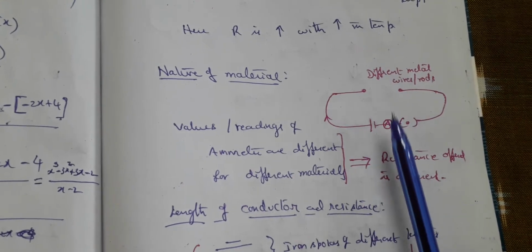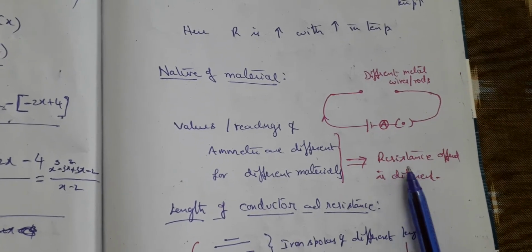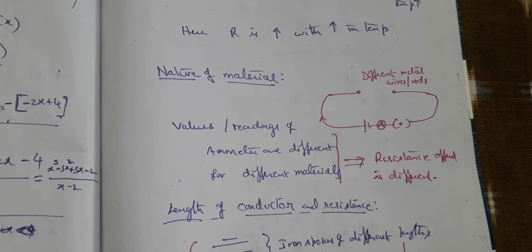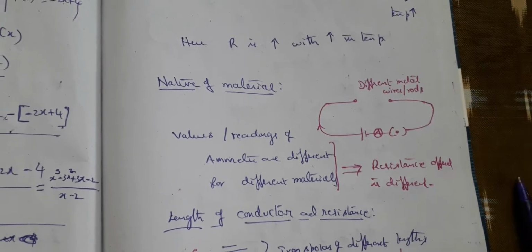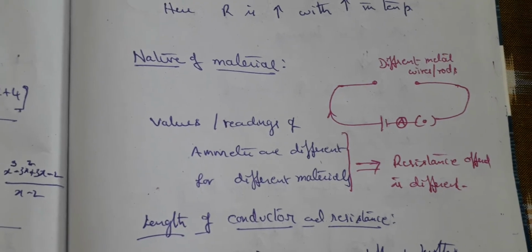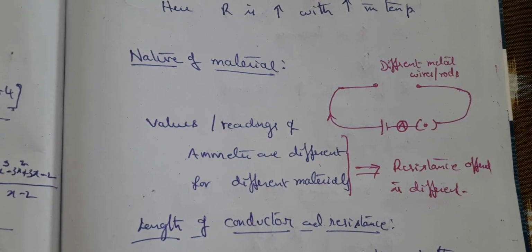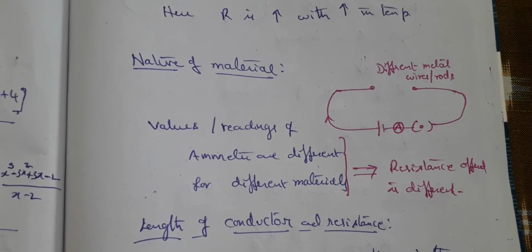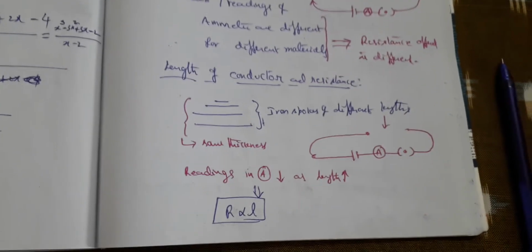With the material, if the current is changing, the resistance offered is different. So this proves that resistance depends on the nature of the material. Okay, take a screenshot of this. Right, let us move on to the next one.